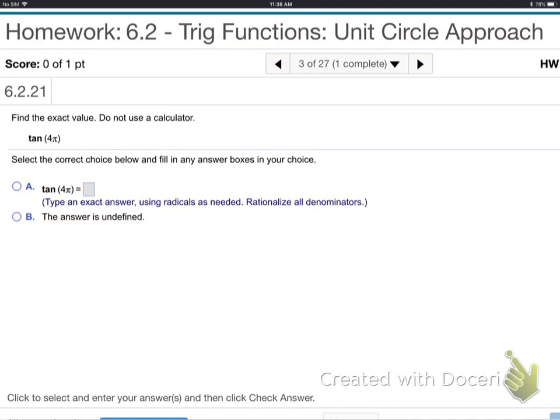Okay, tangent of 4 pi. Let's do unit circle. It's all about unit circle. Let me give you a second. See if you can find 4 pi. I'll give you just a second on that.